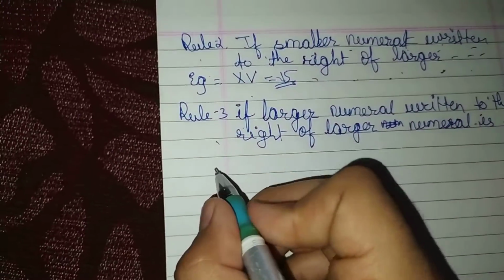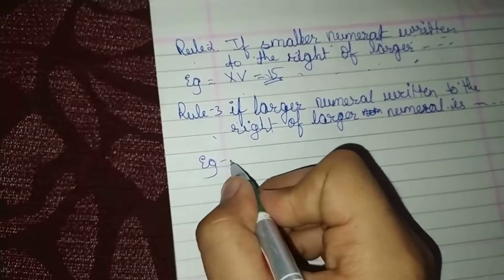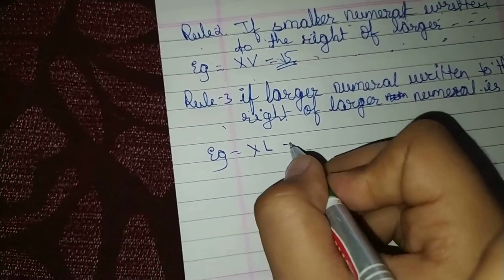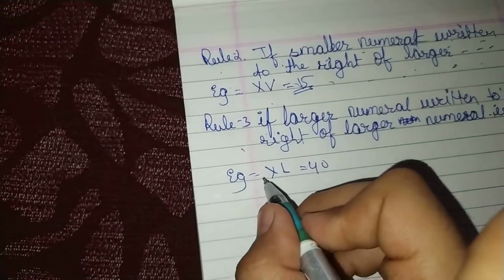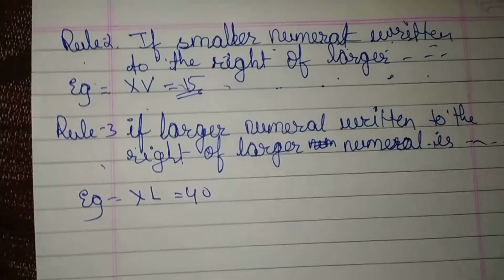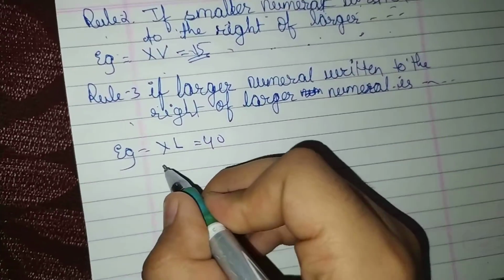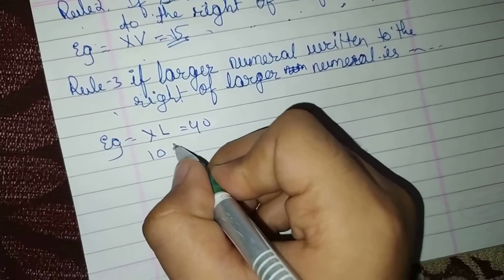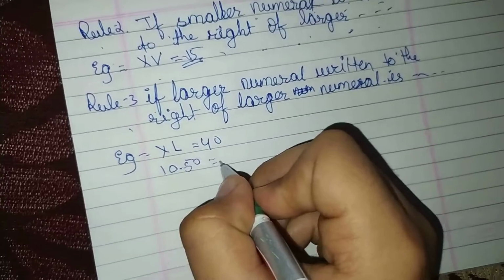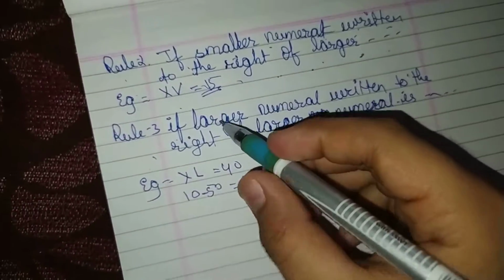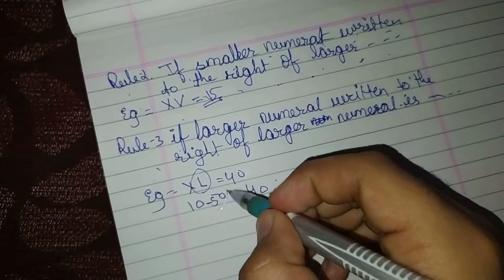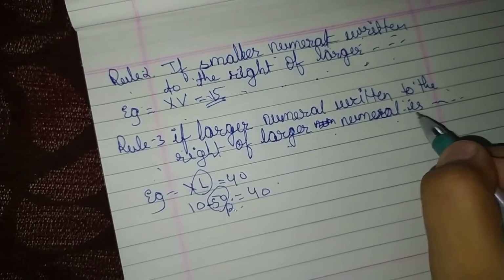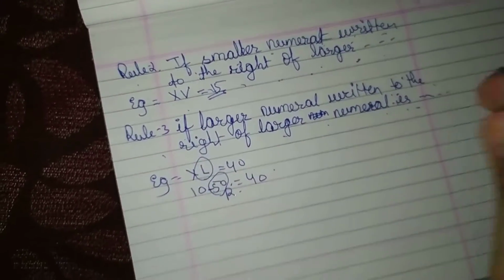So let's take an example: X and L. See, XL is equal to 40. Why? Because X is equal to 10, L is equal to 50. We will subtract, and the answer is 40, because rule 3 tells us if a larger numeral is written to the right of the smaller numeral, the smaller is always subtracted. We have subtracted, the answer is 40.